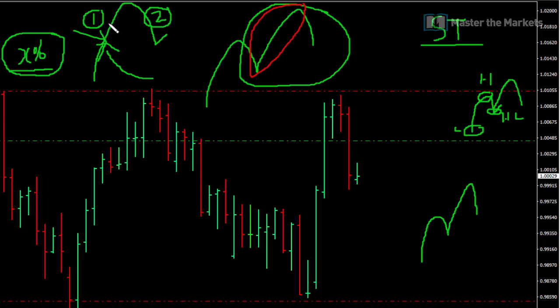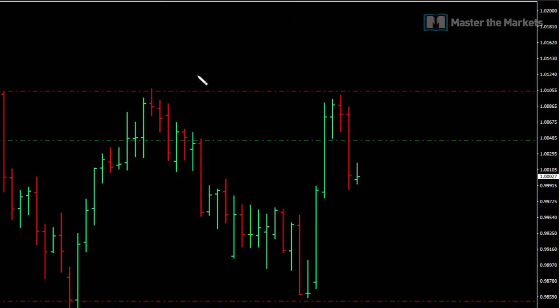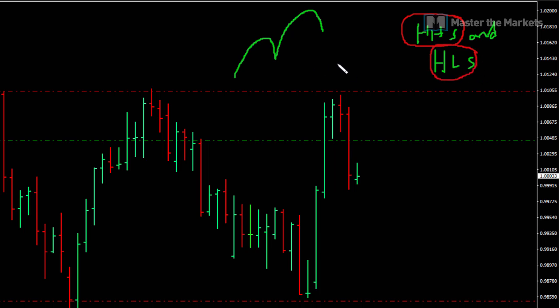Now the next thing that you need to understand in swing trading especially is that when you're looking to capture phase one or phase two and looking for higher highs and higher lows, what is so critical, traders, which is what 98% of traders do not have, and that is why they do not make money at all from trading, is that they do not know how to quantify the highs and the lows, which we call, in technical terms, the swing highs and the swing lows of the cycle.